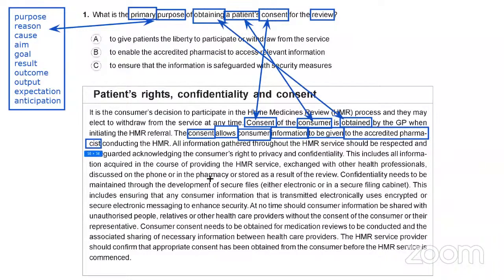Now you can see there very clearly. This is an easy question.